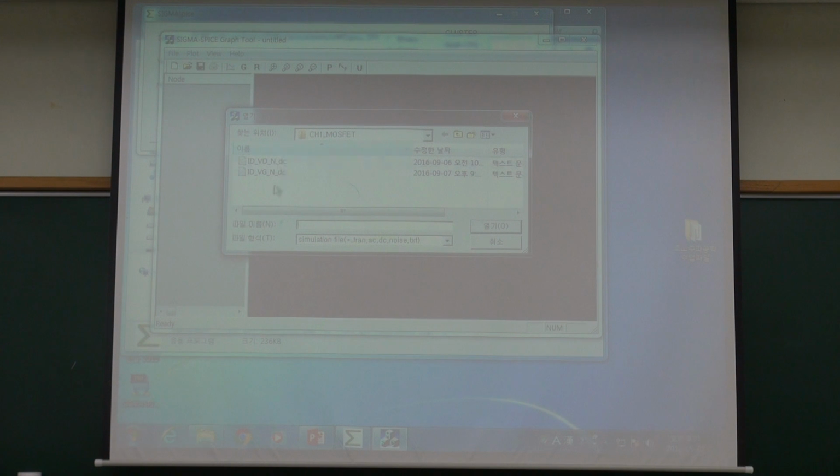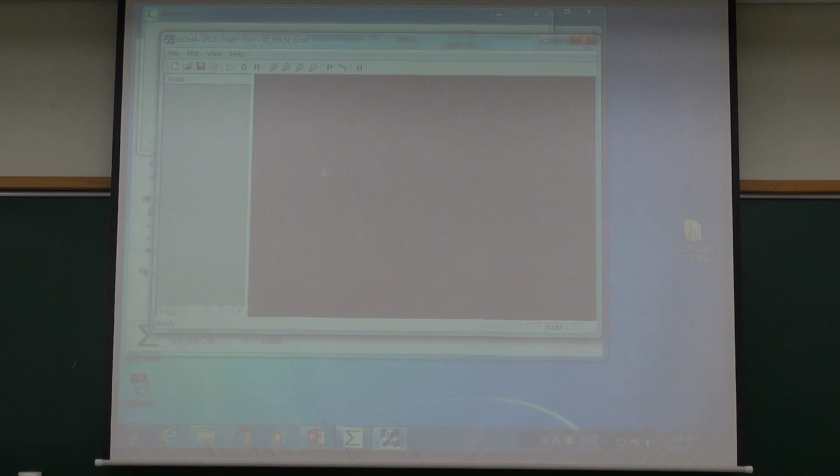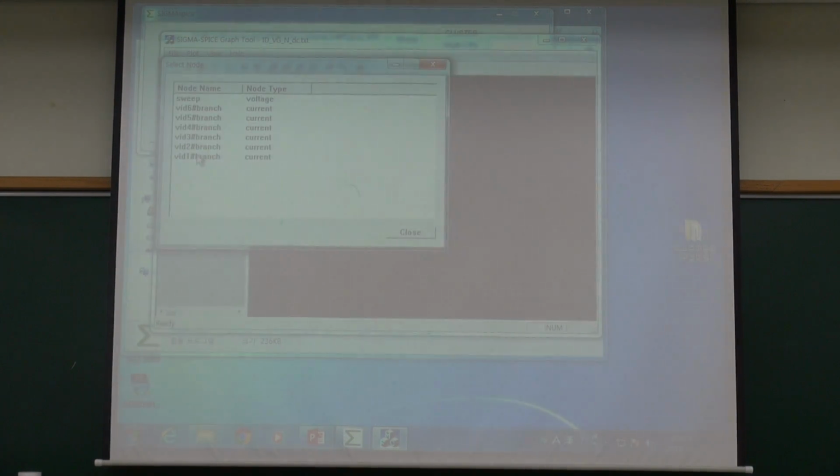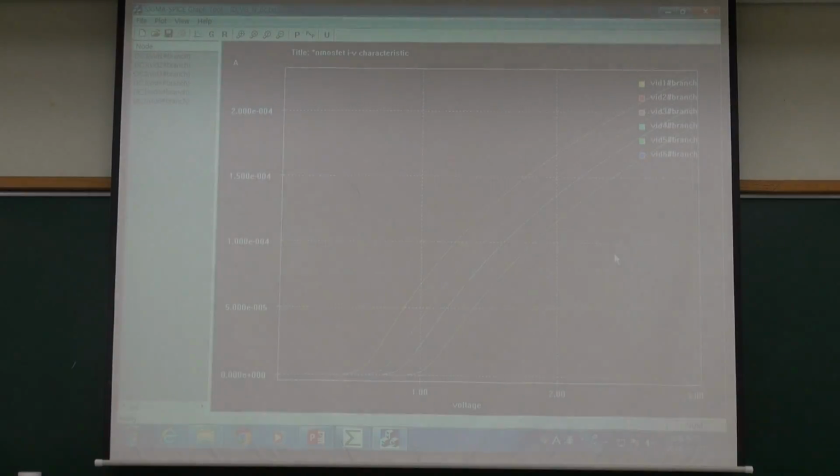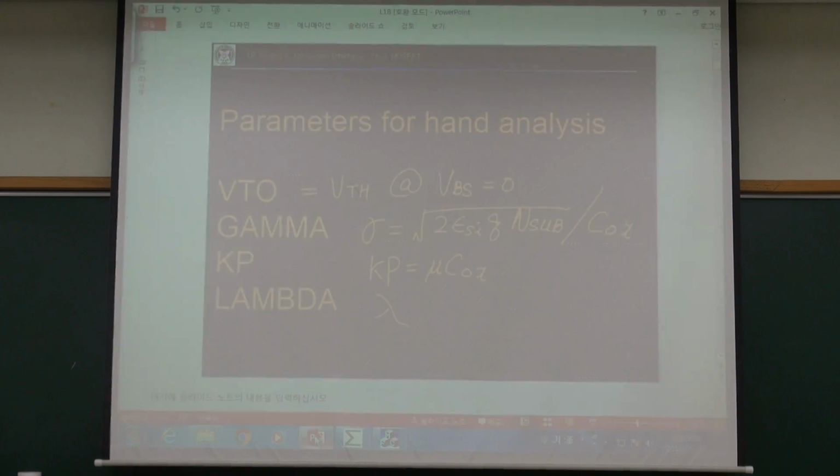Chapter 1 MOSFET. Yeah, this is ID versus VDS, right? So can I write it here? Nope. Yeah, this is drain current versus gate source voltage. I think the drain source voltage is what? Drain source voltage is 0.01 or something.